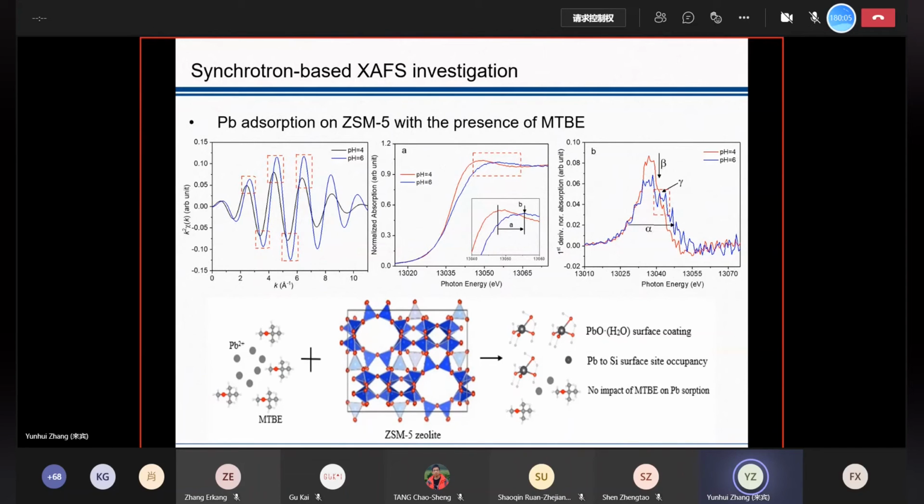And in the case of ZSM5, we found that the lead to silicon surface site occupancy and the formation of the lead hydroxide surface coating are 2 main mechanisms of lead binding. And the surface coating plays a more important role at pH 6, which explains why the lead removal increased with increasing solution pH.